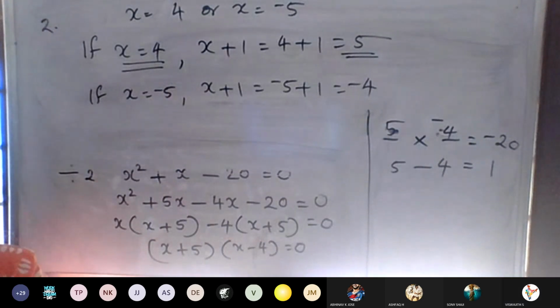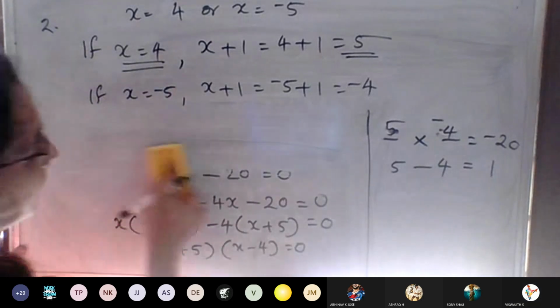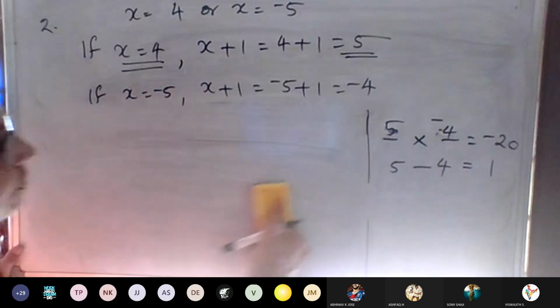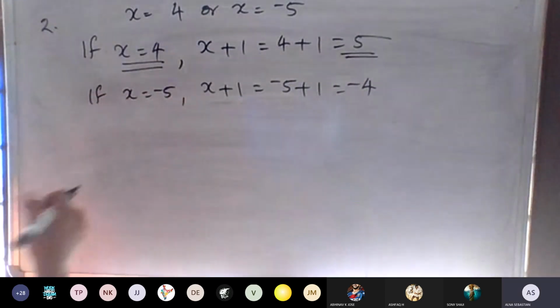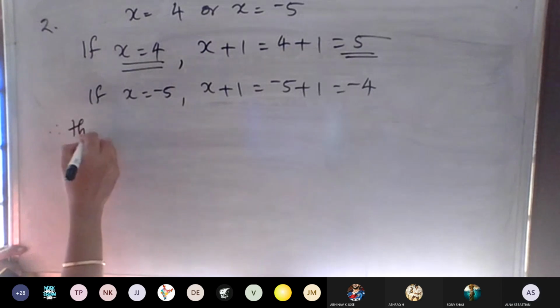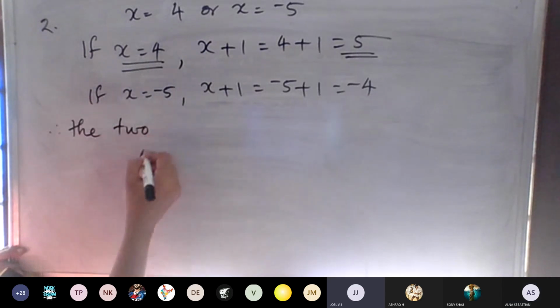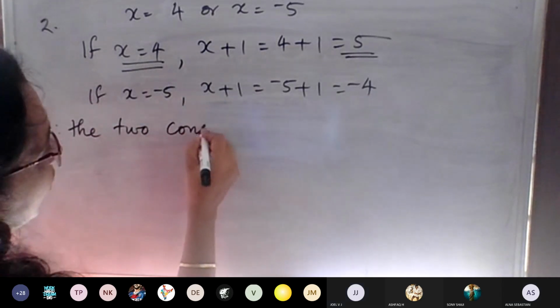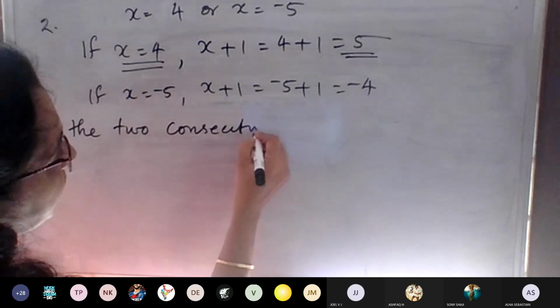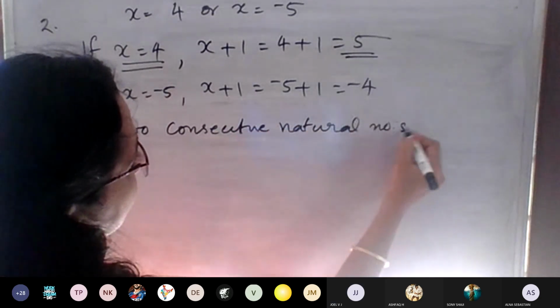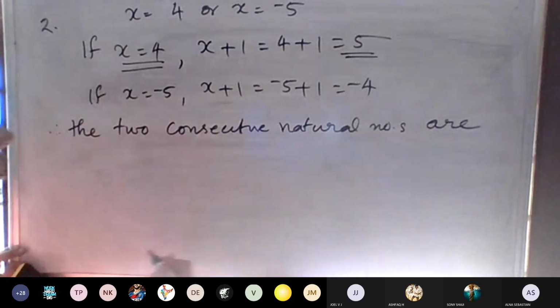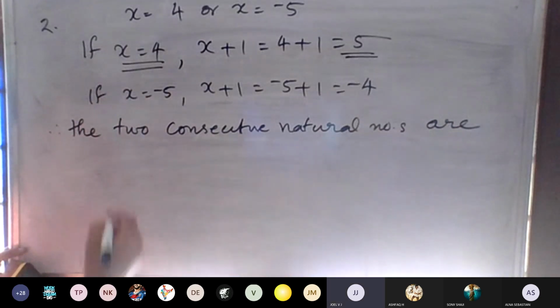So the consecutive natural numbers are 4 and 5.